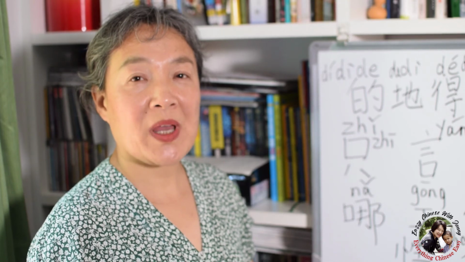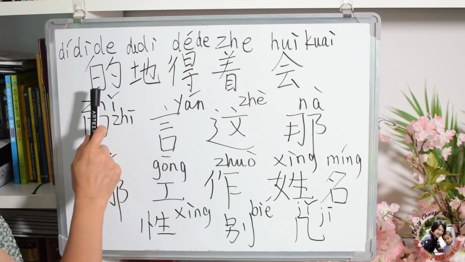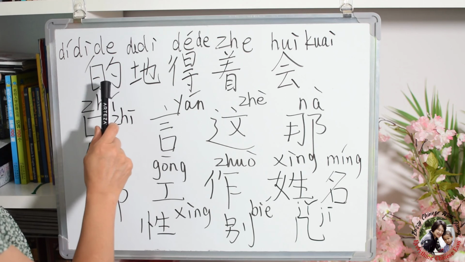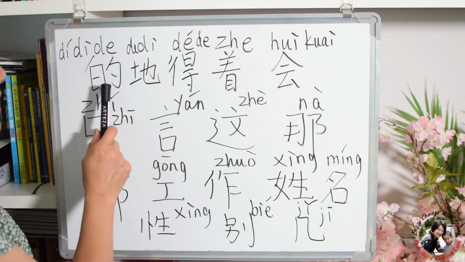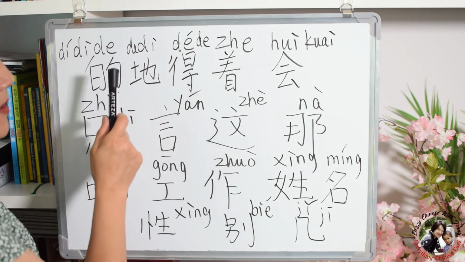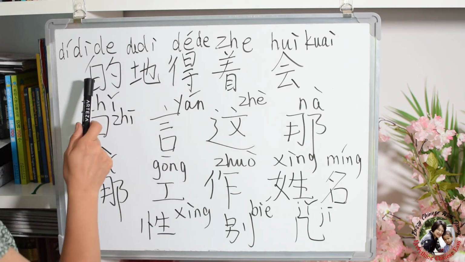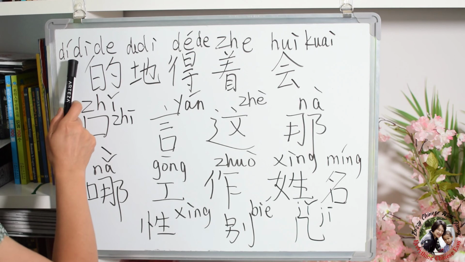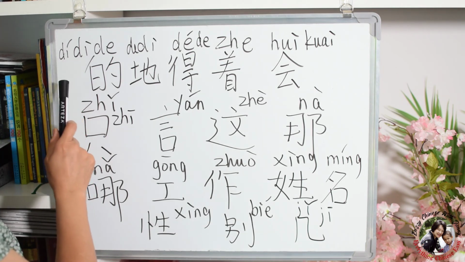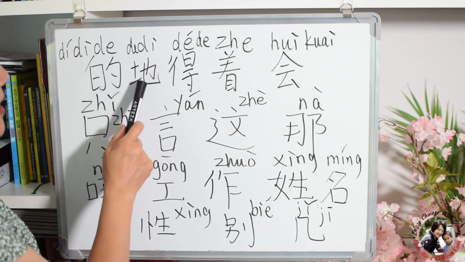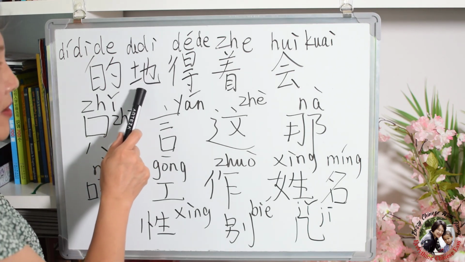Let's recap what we have learned today. When they are an interjection word or structural word, they always are pronounced in the light tone. De, de, de. But when they are pronounced differently, it means different things. Dí means the target. Dí means indeed, true. Dì means the earth.